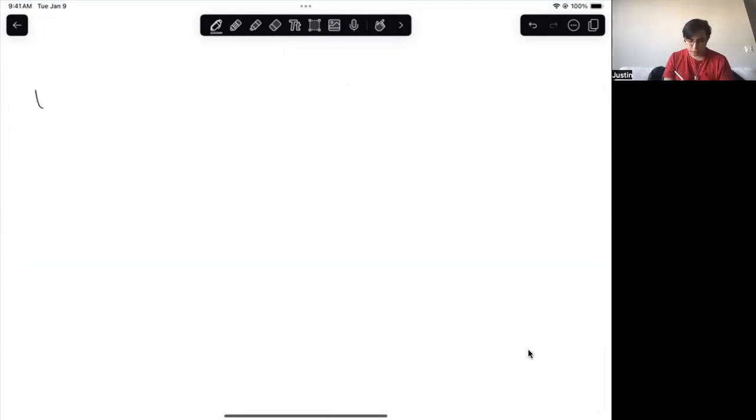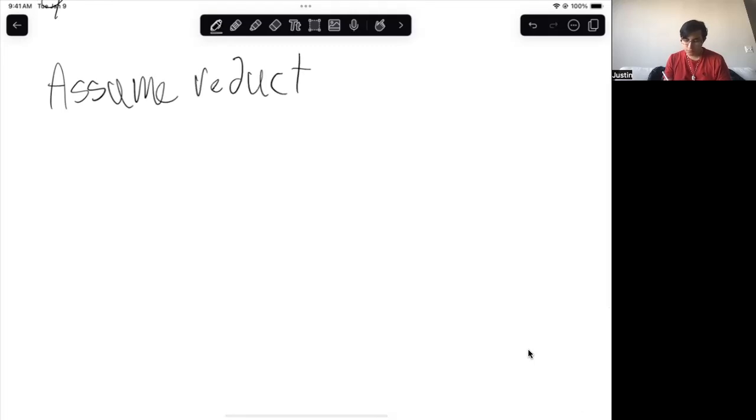So let's do modus ponens again because it's easiest in my opinion. This is how you do a semantic proof. You assume for reductio that this argument does not entail the conclusion.